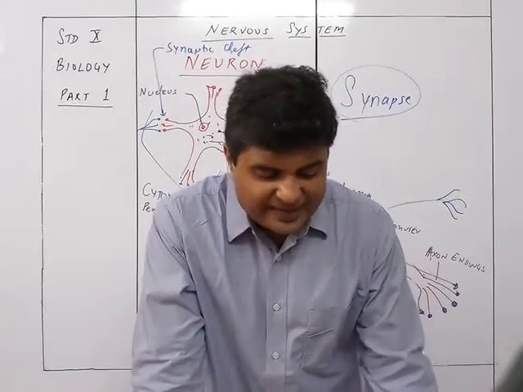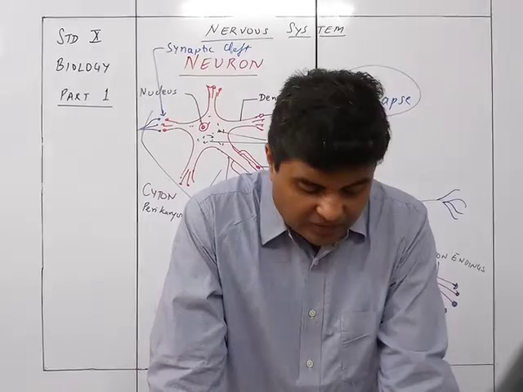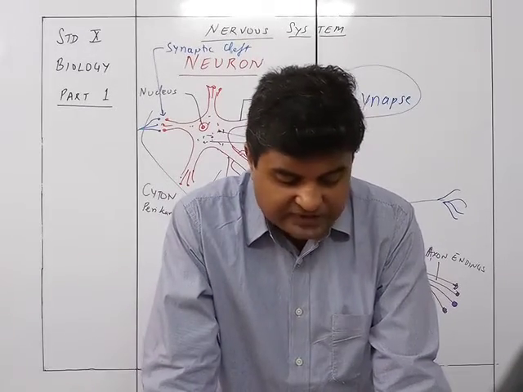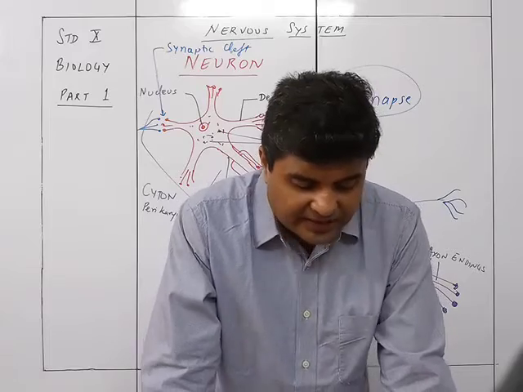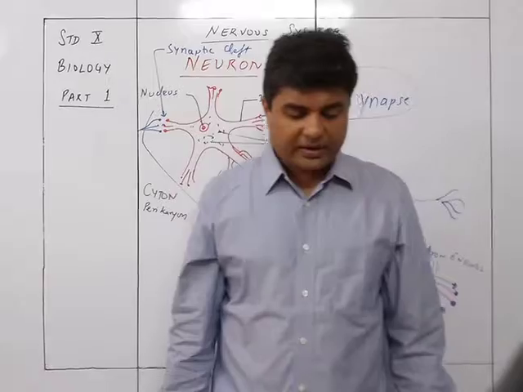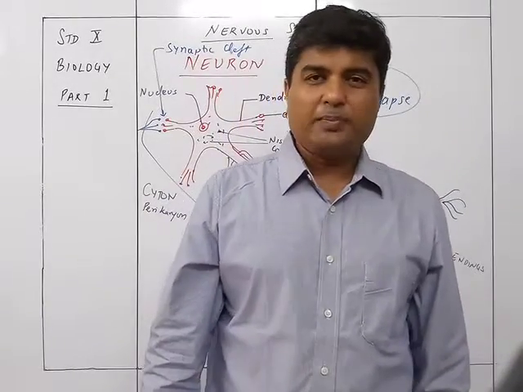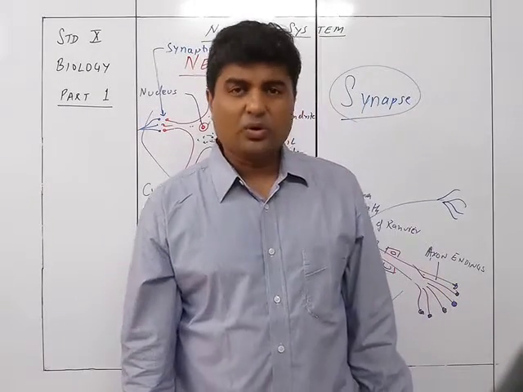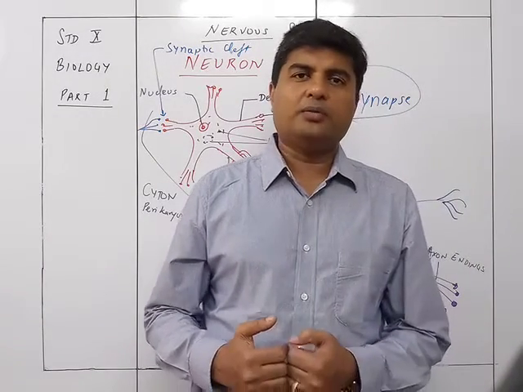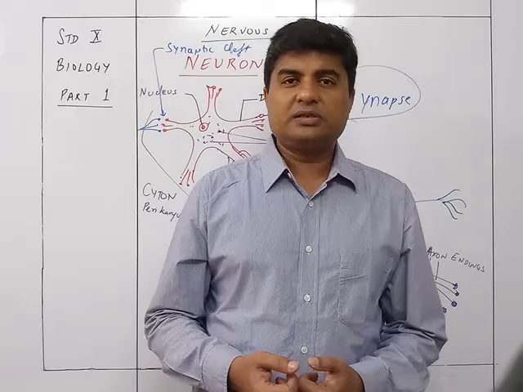Now, there are some basic terms which are required in the nervous activity. First, a stimulus: an agent or a sudden change of the external or internal environment that results in a change in an organism or any of its body parts is the stimulus. For example, you are coming out of a movie theater and you see bright sunlight.